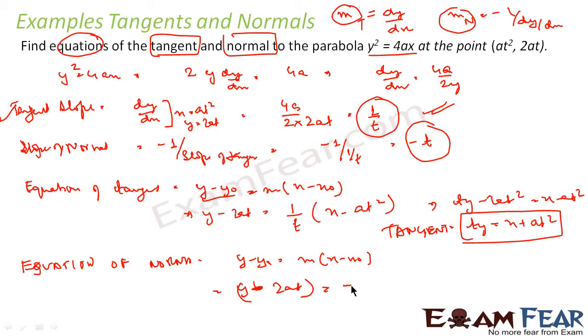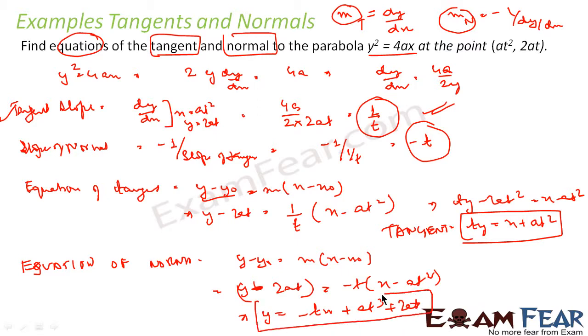Slope is minus t here, minus t into x minus x naught, which is at square. If you solve this, it is nothing but y is equal to minus tx, and this will become plus at cube, and this will become plus 2at. So this is my equation of normal.